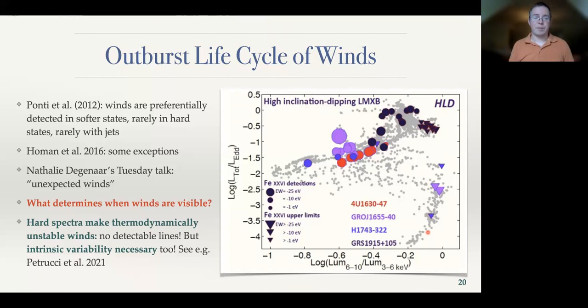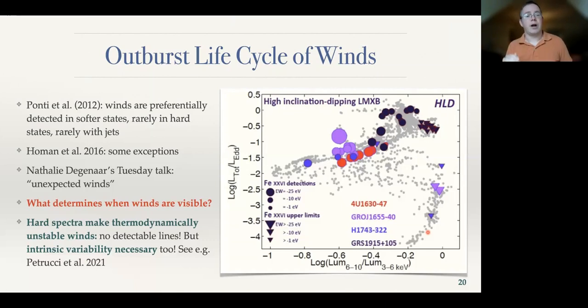So I mentioned this paper that came out earlier this year by Pop and Company that is fairly well known at this point, that hard ionizing spectra tend to make thermodynamically unstable winds. So when spectra are hard, you don't necessarily expect to see detectable lines. That can be pretty sensitive to the shape of the spectrum, especially if you extrapolate it to hard X-rays. So you need to be careful with what you're assuming is there and what you're not.